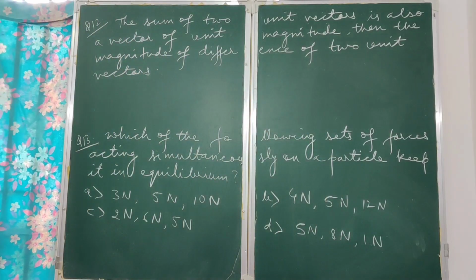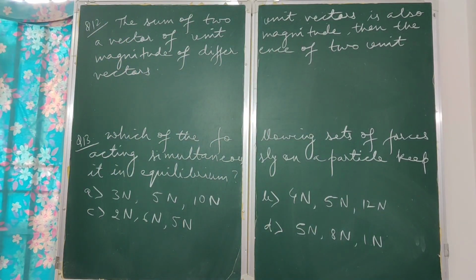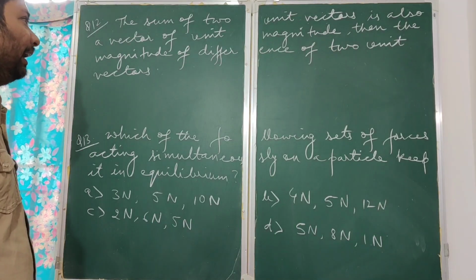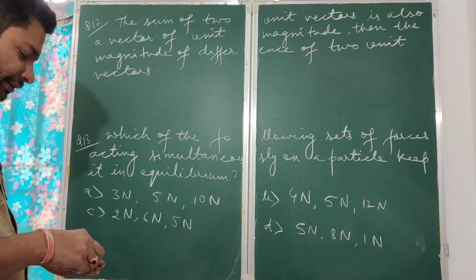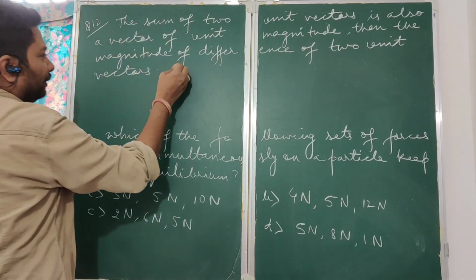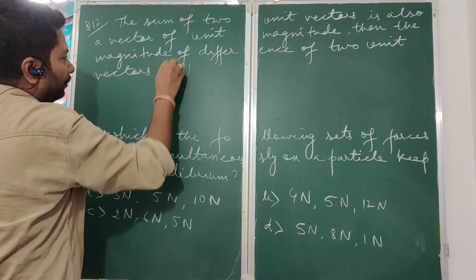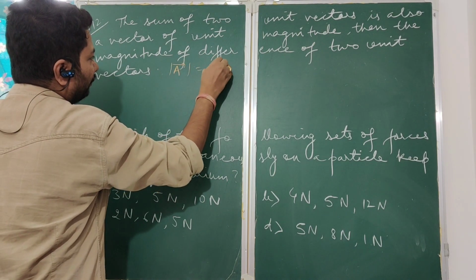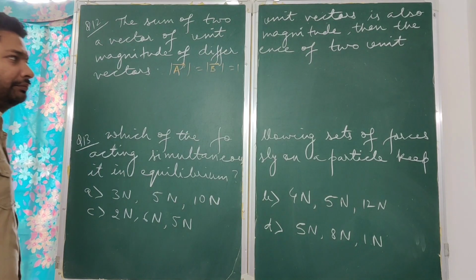Let's see this one. So the question number 12, the sum of two unit vectors is also a vector of unit magnitude, then the magnitude of difference of two unit vectors. So let us say we are taking two unit vectors and their magnitude is equal to 1.